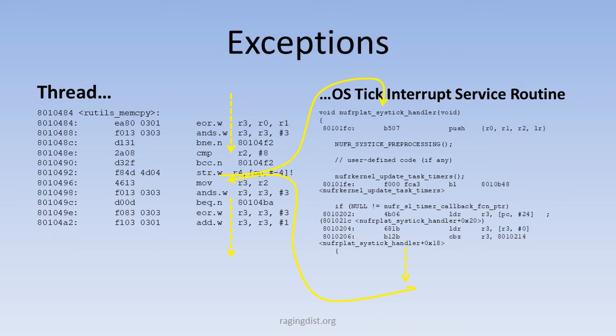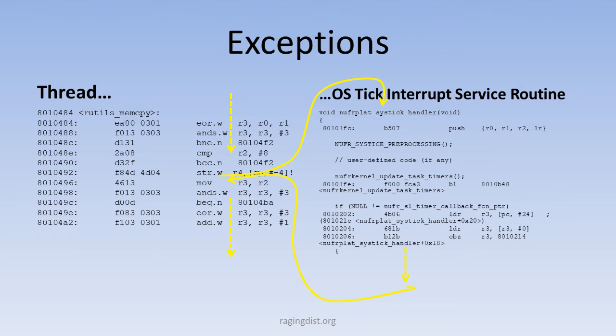But in this case, when the CPU is just humming along, doing what it's told by the instructions, at some point in time it reaches this str.w, which has the first arrow going over to the right to the OS tick. So it's just executing this, and all of a sudden you have what's called the OS tick interrupt.